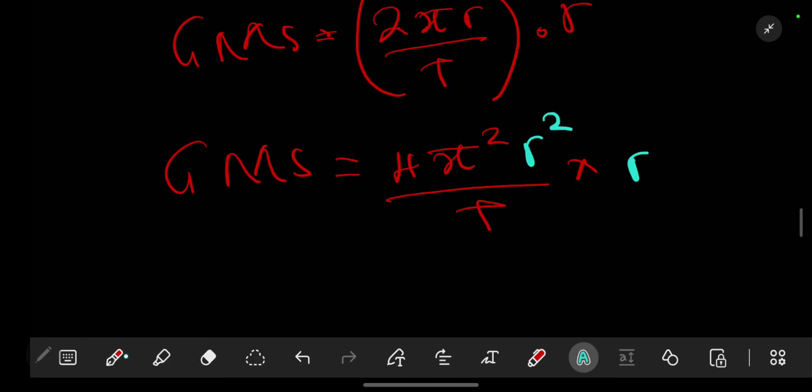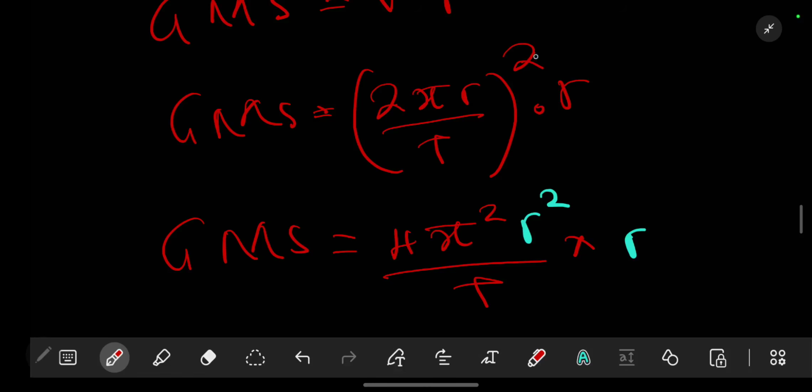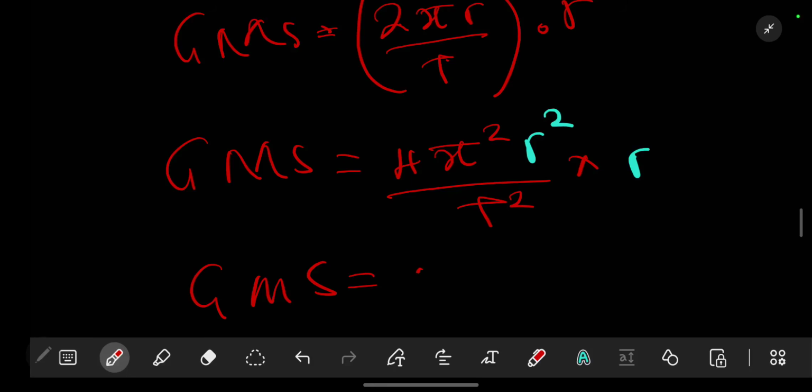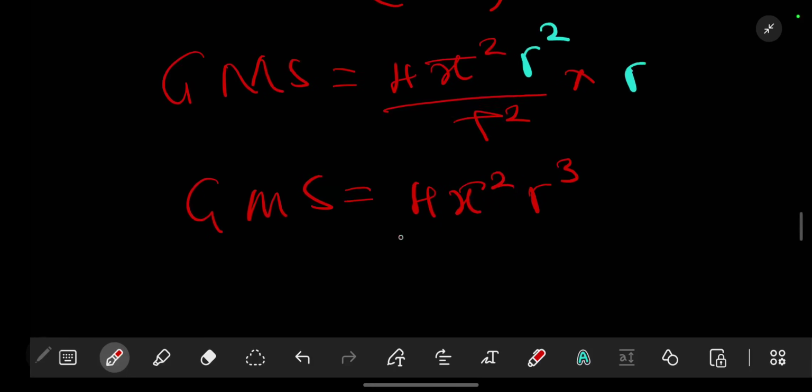This gives us 4 pi squared r cubed over t squared.